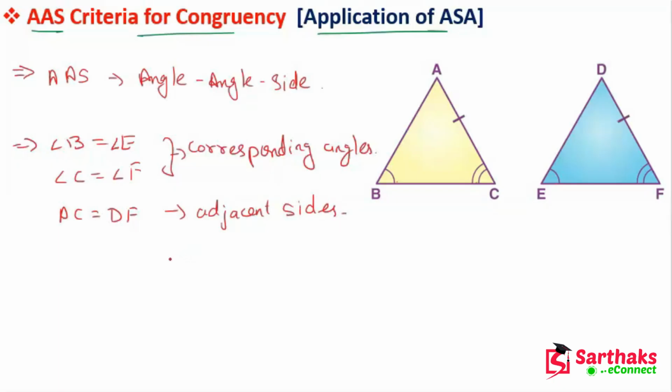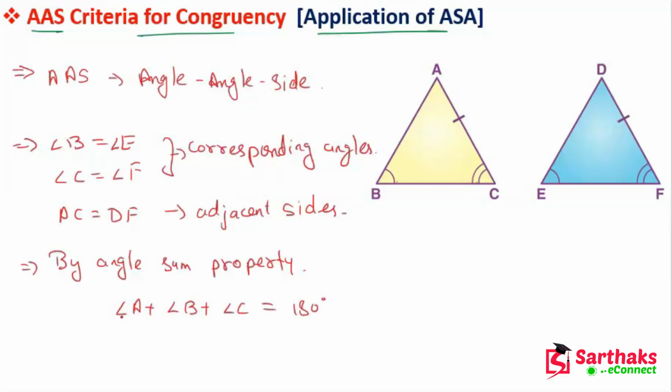Now by the angle sum property, we can write angle A plus angle B plus angle C is equal to what? 180 degrees. And similarly angle D plus angle E plus angle F is equal to again 180 degrees, by the angle sum property.